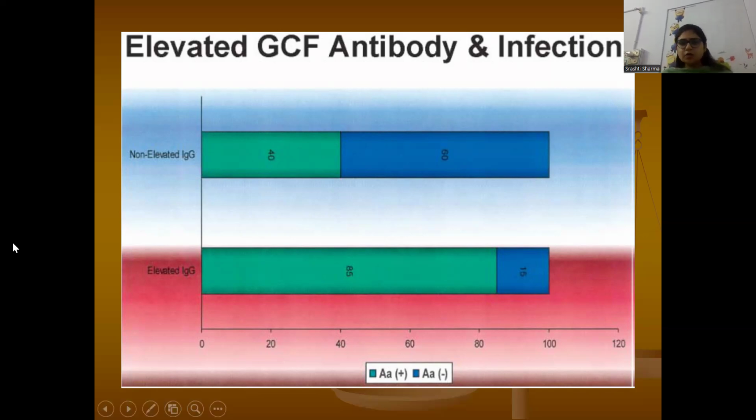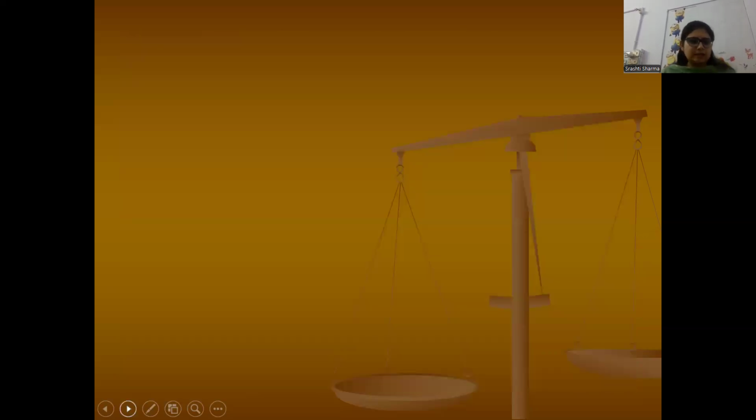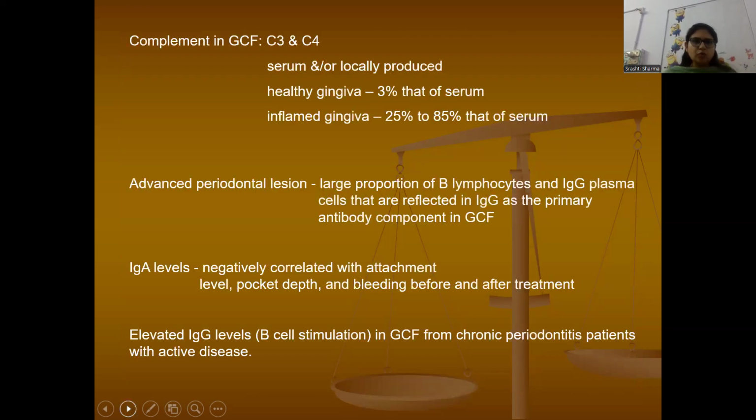This is in response to the aggregative bacterium Actinobacillus actinomycetemcomitans. The complement in GCF is C3 and C4, which may be from serum or locally produced.